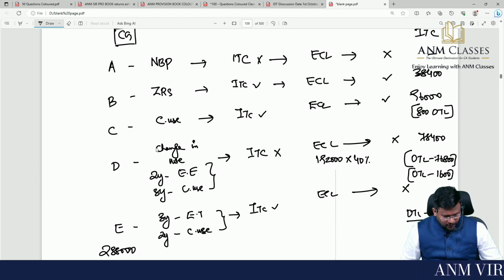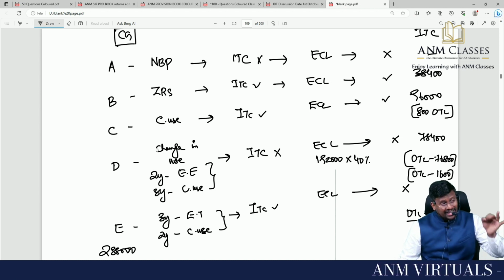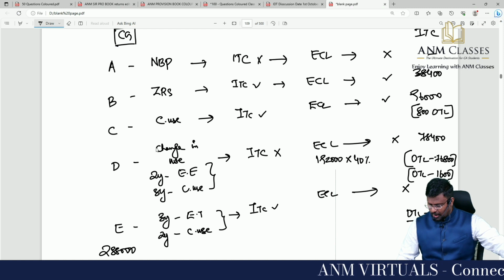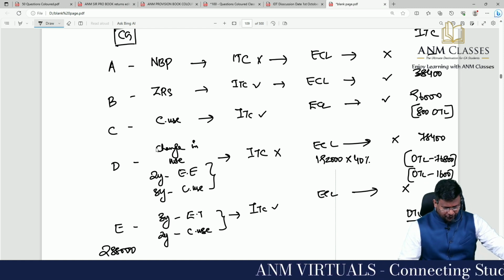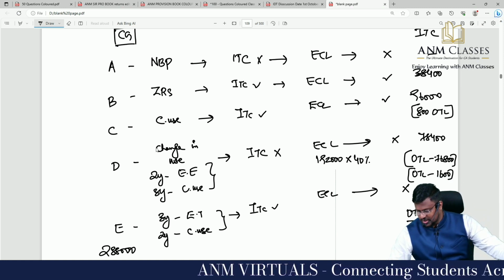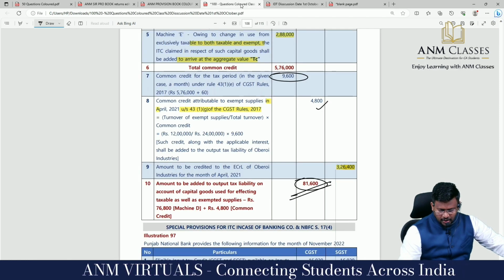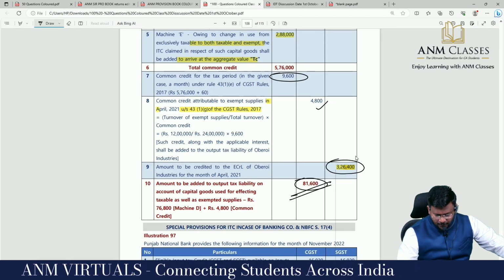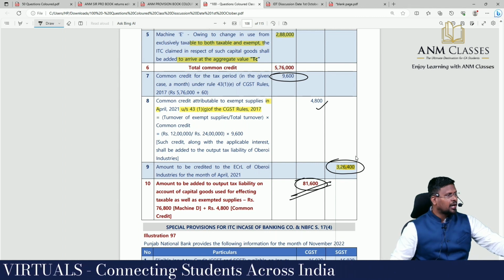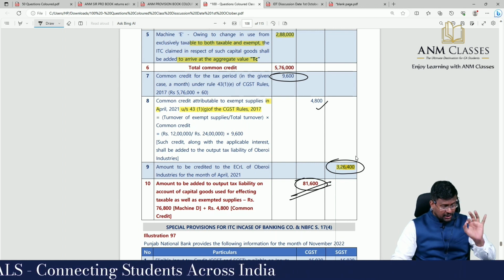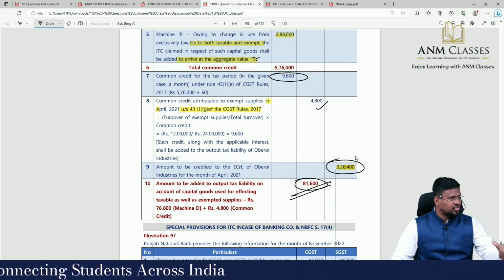With regard to the fourth machine, you will credit 1,92,000 to the ECL. With regard to the fifth machine, nothing will be credited to ECL. So 3,26,400 is what you will be crediting to ECL. With that we are through with one of the expected questions for examination.